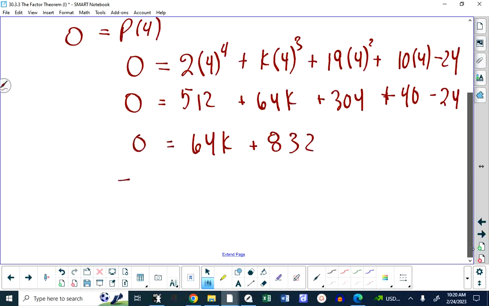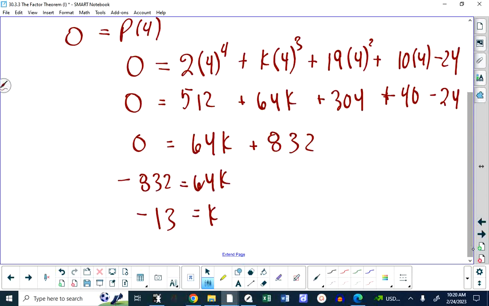So we have to subtract 832 from both sides and then divide by 64. And the left side of my brain just took a look at the right side of my brain and said, let's take a nap. I don't want to do that, okay? Could you tell me what you get? Negative 13? I was going to say that. I wasn't, actually. Negative 13. So the value of that missing parameter is negative 13.